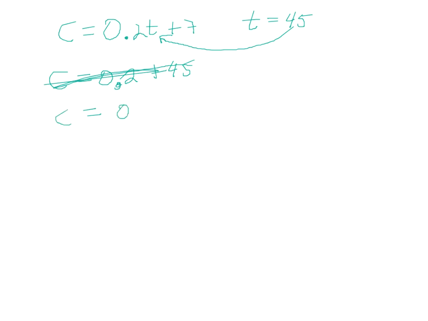Sorry. C equals 0.2 times 45 plus 7. So 0.2, I'm doing this without a calculator. 0.2 is 1/5. 45 times 1/5 is 9 plus 7. The cost of the bill is going to be $16.